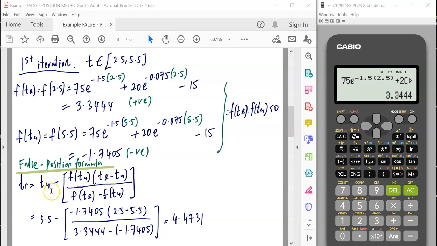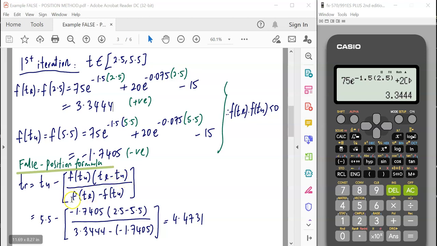By using the false position formula, TR can be calculated equal to TU minus, in big bracket, the numerator f(TU), you plug in the value for your f(TU), and then you multiply with in bracket TL minus TU.